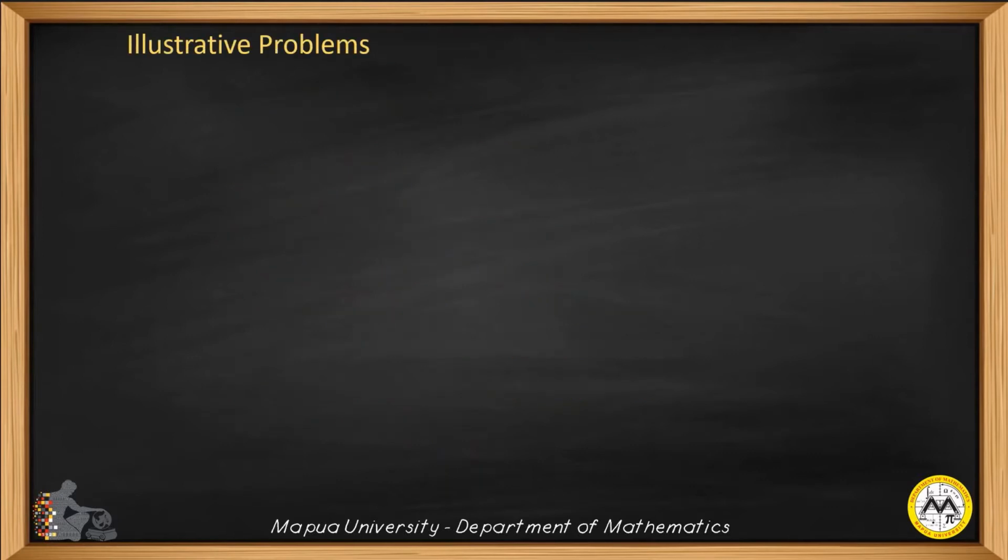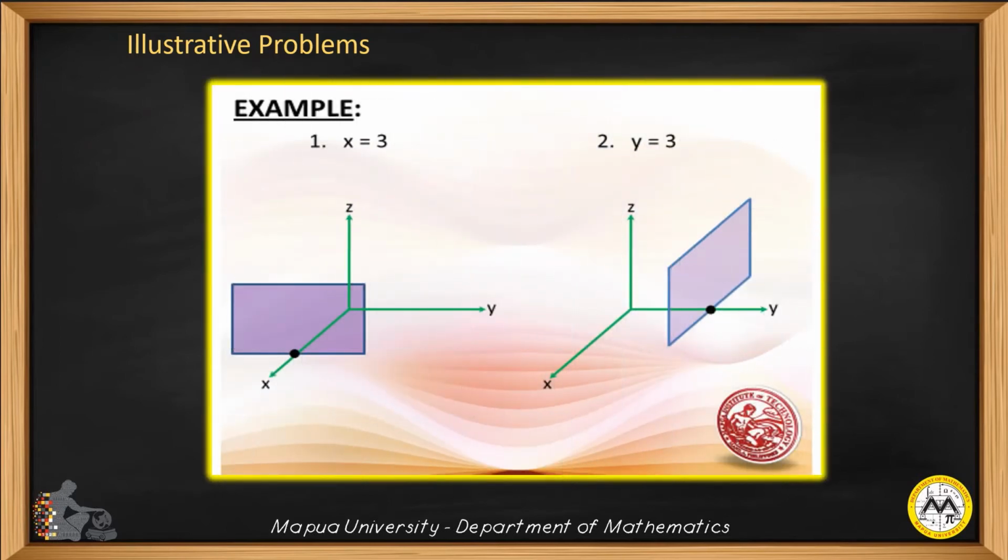Let us look now at some illustrations as to how the plane would be oriented in space given a particular equation. In the case of x equal to a constant, as mentioned in the previous slide, the plane would be parallel to the yz coordinate plane.